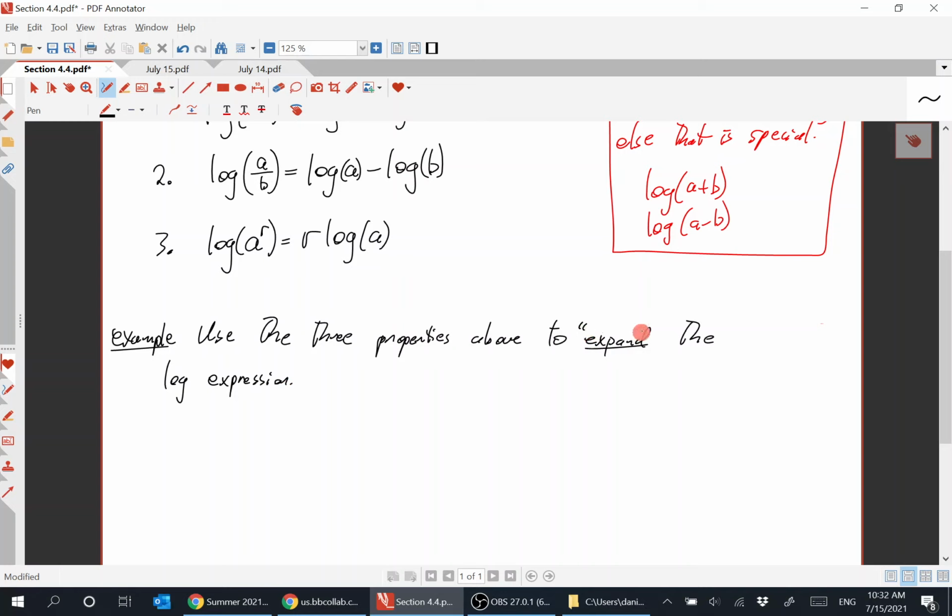And by expand, we mean take out all the multiplication, division, and exponentiation within the expression.